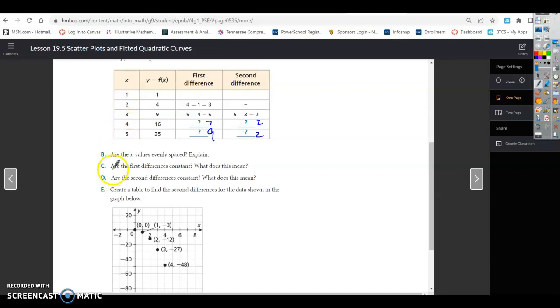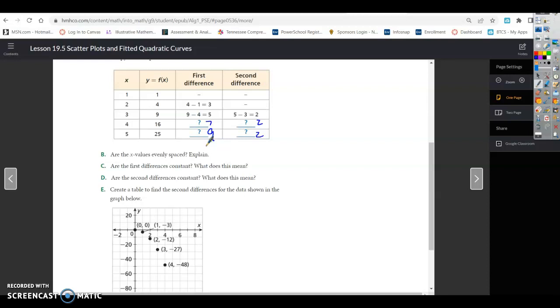Part C: are the first differences constant? Here are my first differences, 3, 5, 7, 9. Are those constant? The answer is no. That means the data is not linear.